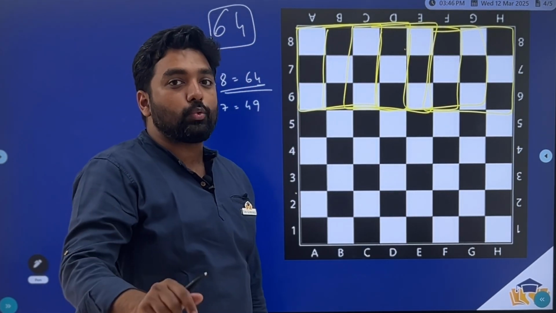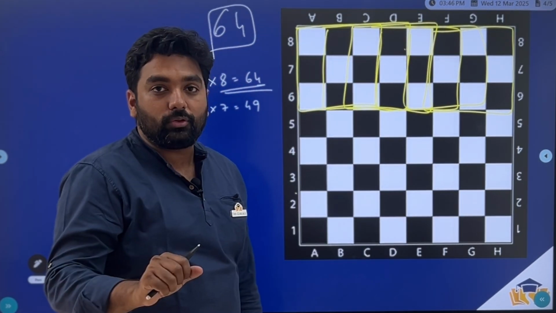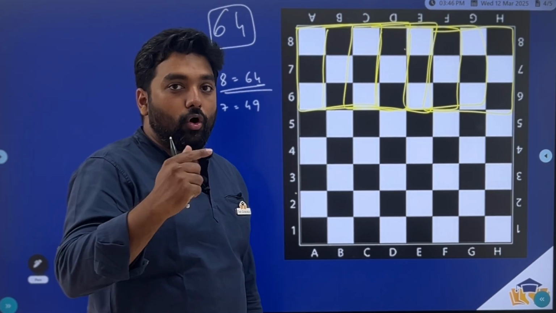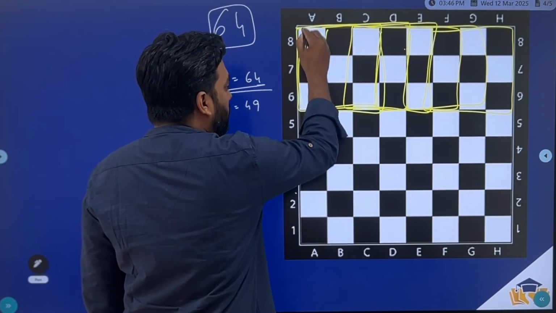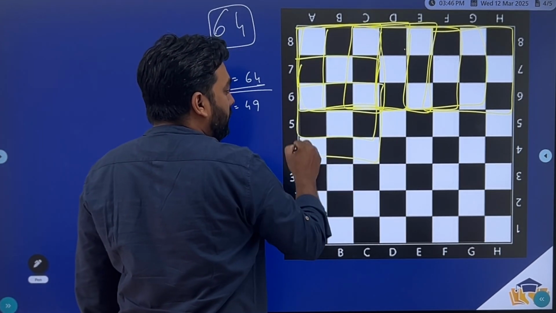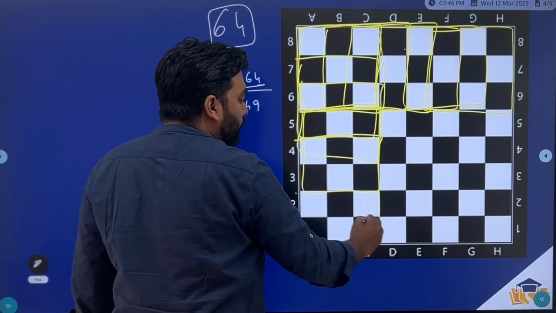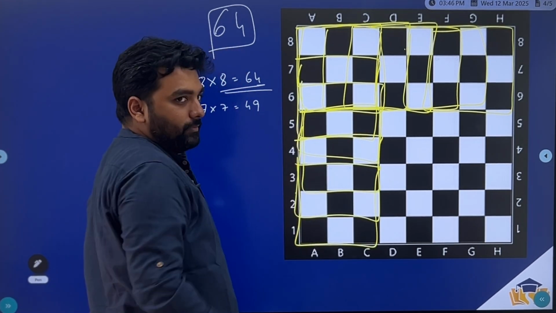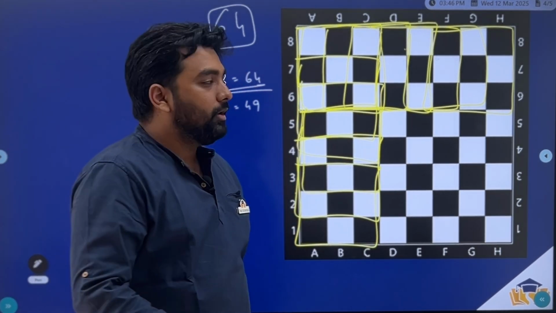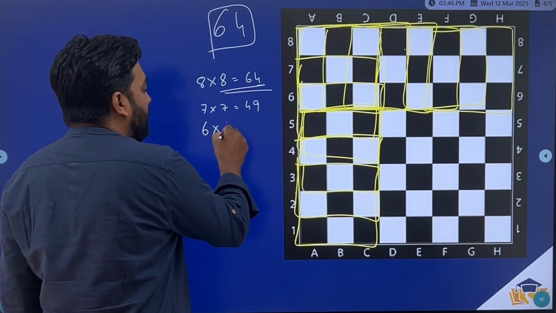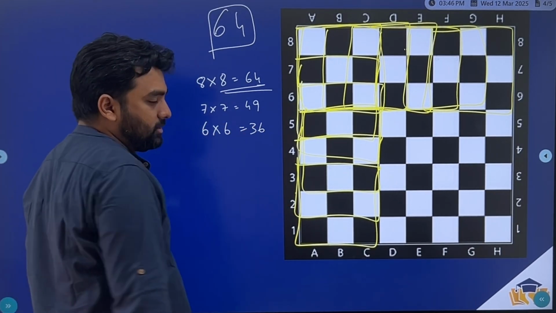Perfect. 6 squares of size 3 into 3 in one row. How many such rows are there? 1, 2, 3, 4, 5, and 6. 6 such rows are there. So this will be 6 into 6, that is 36.